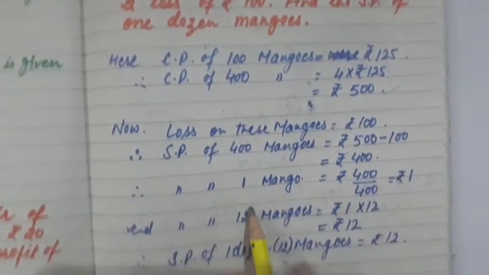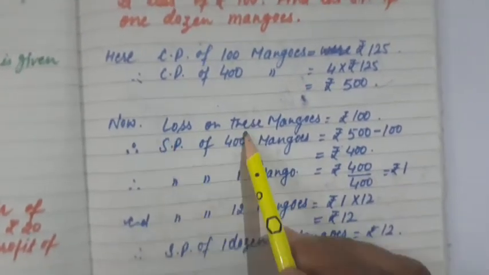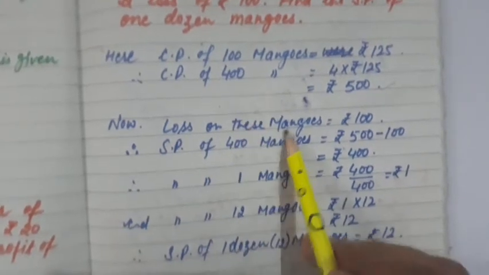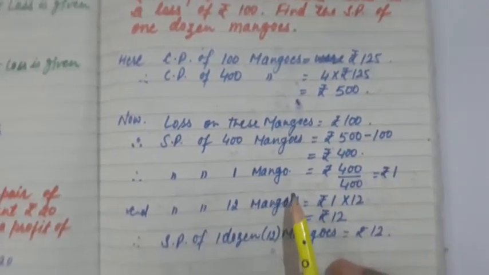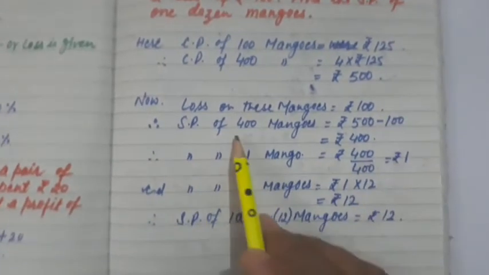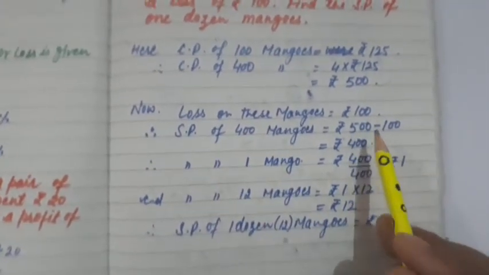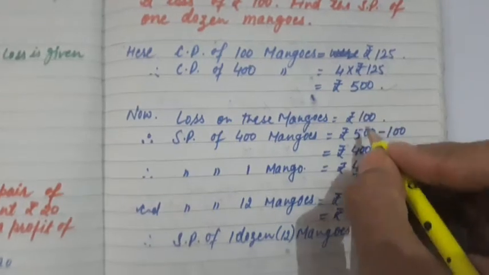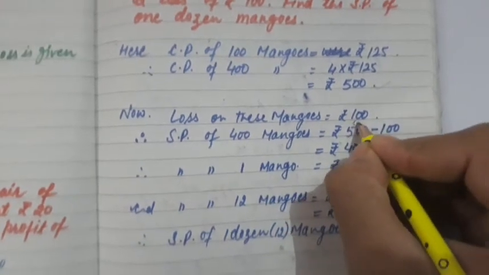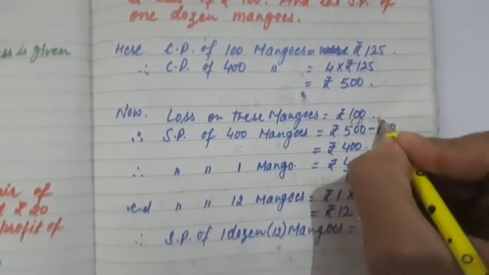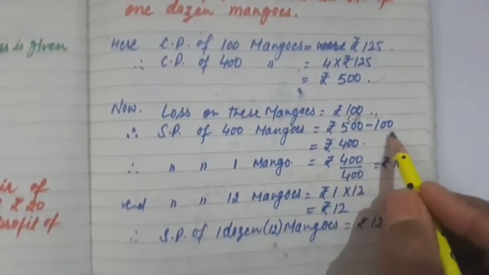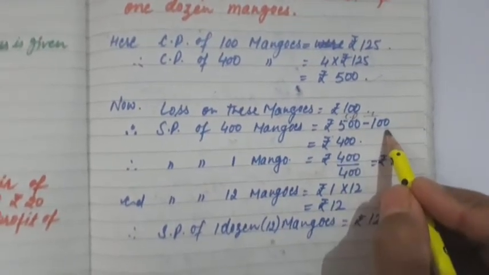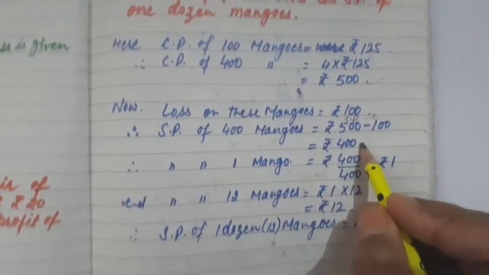Now according to the question, the loss on these 400 mangoes is rupees 100. Therefore the SP of 400 mangoes is CP minus loss, that is 500 minus 100, which is equal to 400.